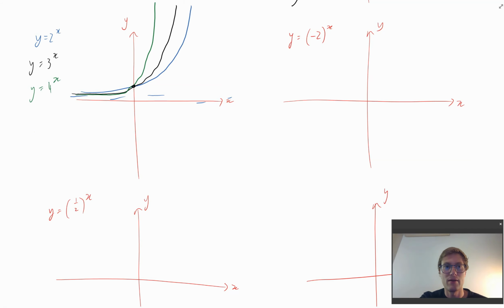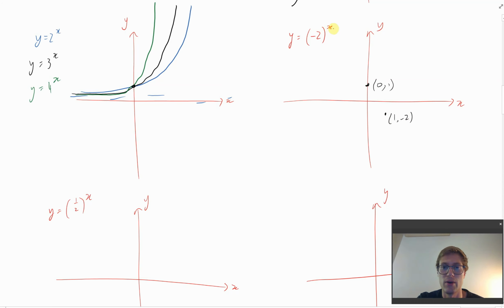But what about this case where we've tried to do a negative base? It turns out this doesn't even make sense, but let's think why. First, if we put 0 in, anything to the power 0 is 1, so our first point is (0, 1). If we put 1 in, minus 2 to the power 1 is just minus 2, so the second point is (1, -2).